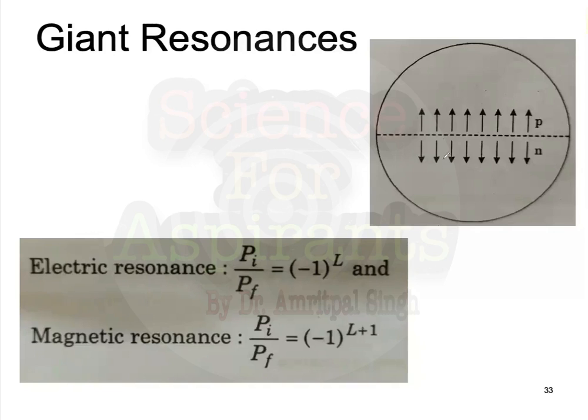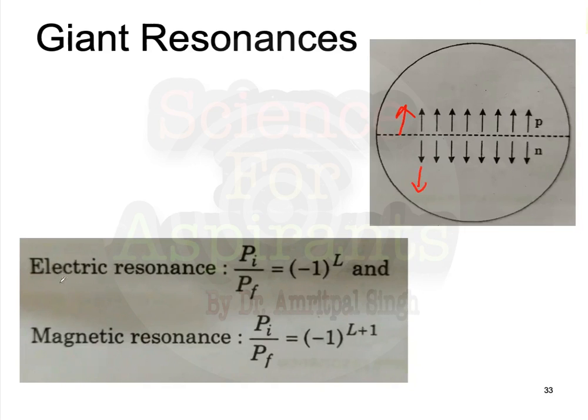Due to this motion of protons and neutrons toward opposite ends, there is some sort of resonance force, some resonance interaction, and this resonance interaction leads to different multipolarities of this nuclear phenomenon.